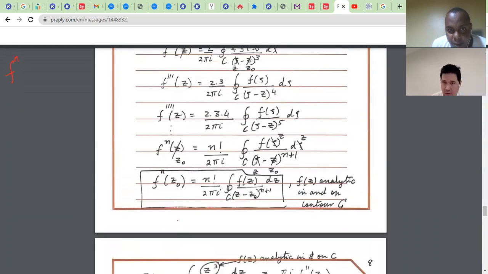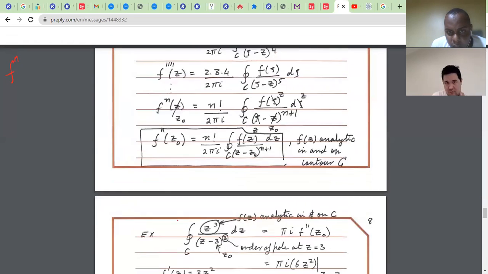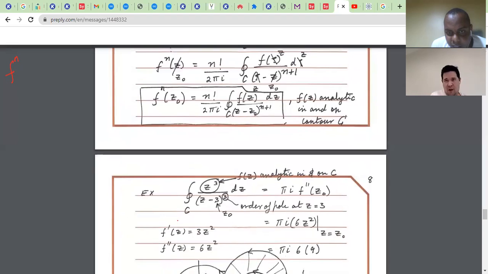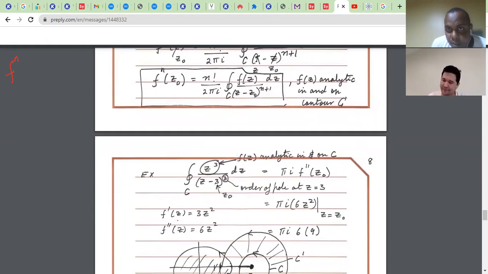We already have the formula for finding the derivatives. It's here: f double prime of z naught equals that. So let's just use it.